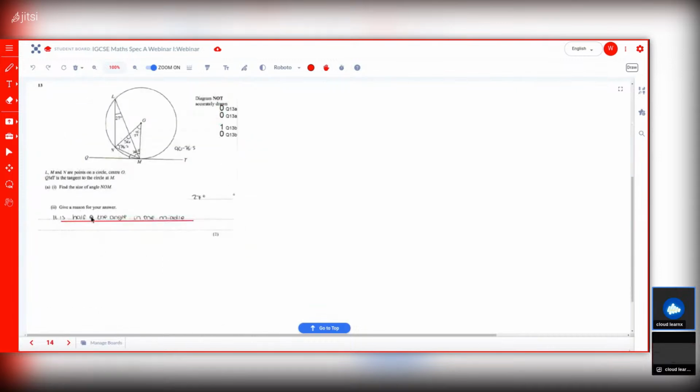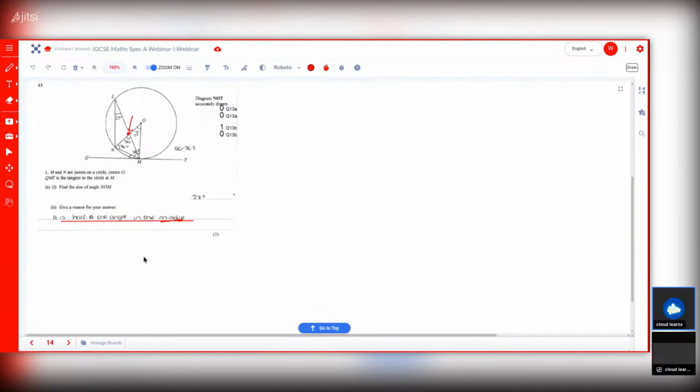Here's another one. It is half the angle in the middle. Two errors here, if you notice. One error is that the middle has been identified as this point, which is not the middle. That's not the center. That's an assumption. And half the angle in the middle, what is half the angle in the middle?